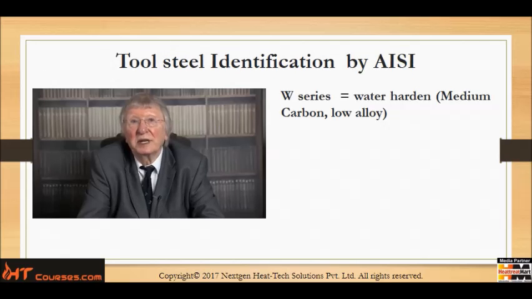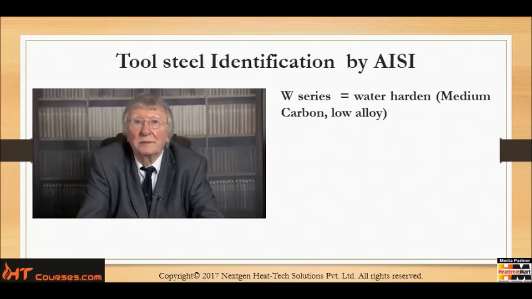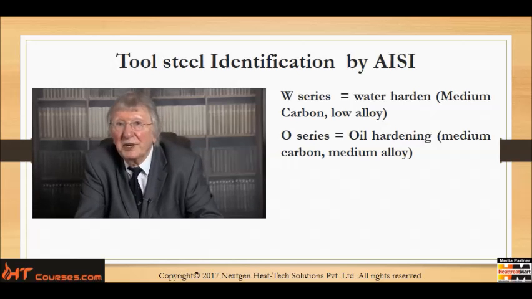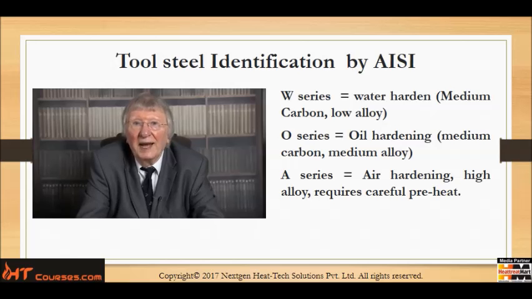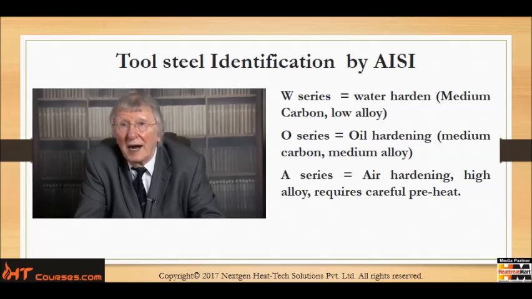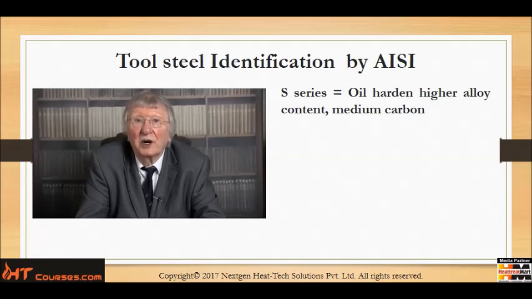W series equals water hardening. That is medium carbon, low alloy. O series means oil hardening, medium carbon, medium alloy. A series means air hardening, high alloy, requires very careful preheat. S series means it's a shock series steel.